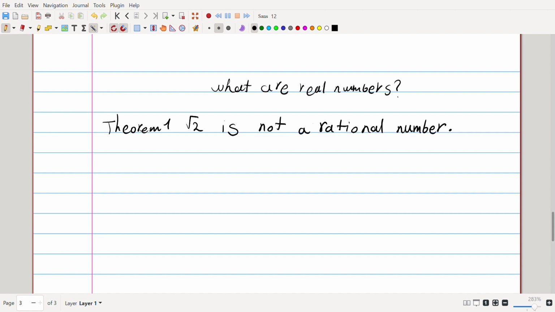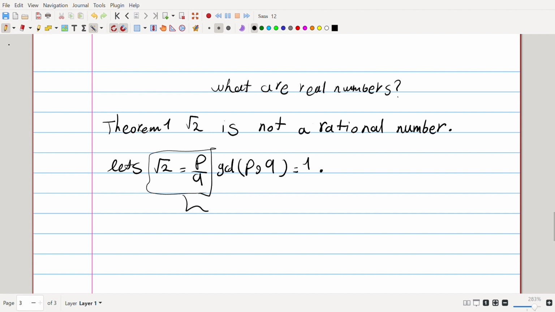The way we are going to prove that is by contradiction. Let's assume that the square root of 2 is a rational number, equal to p over q, where p and q are relatively prime to each other, so their greatest common divisor is 1. Let's take this equation and write it again.